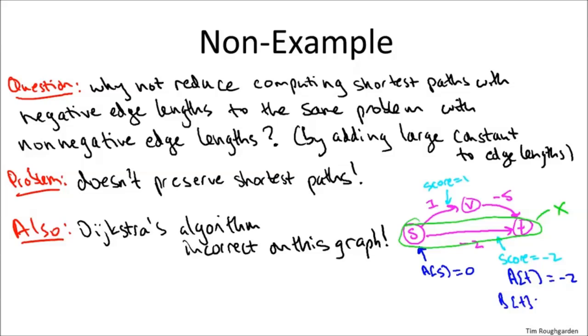So it's going to assign the vertex T the shortest path distance of -2, and the path is going to be just the arc ST. But notice that this is in fact wrong. The shortest path distance from S to T is not -2 in this graph. There is another path, namely the one that goes through V, that has length -4, less than -2. So Dijkstra computes incorrect shortest path distances on this trivial 3-node graph.